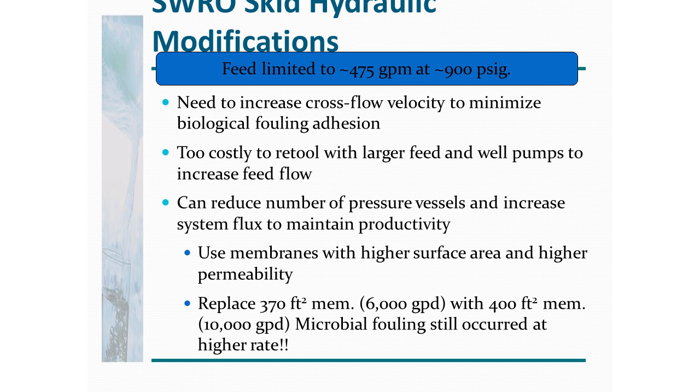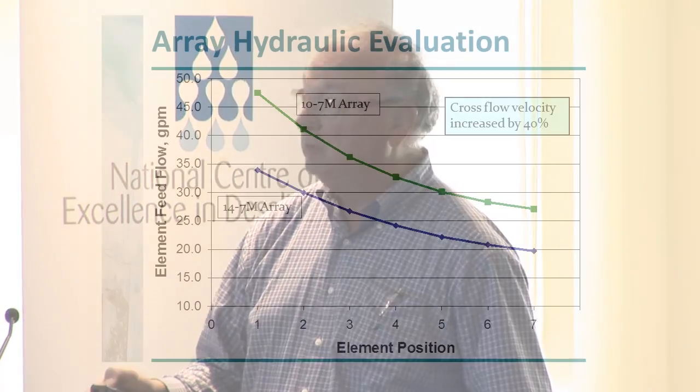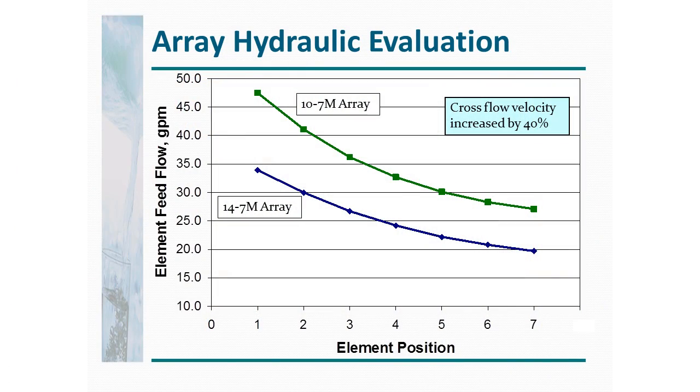And what we did is, the high pressure pump was not sufficient to increase the feed flow, so we just reduced the number of pressure vessels to increase the system flux to maintain productivity, and we also eventually went to this hybridization. And you can see by doing 10 pressure vessels versus 14, you have a much greater cross-flow velocity than in the control.